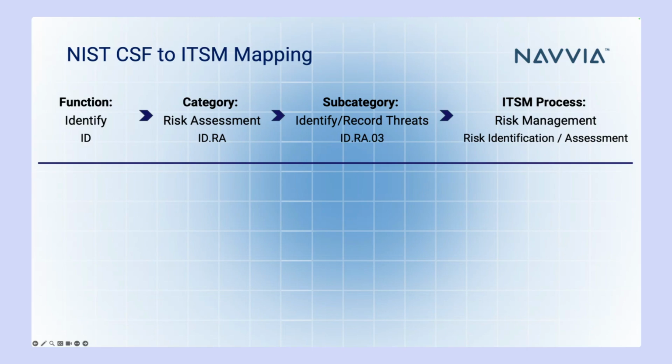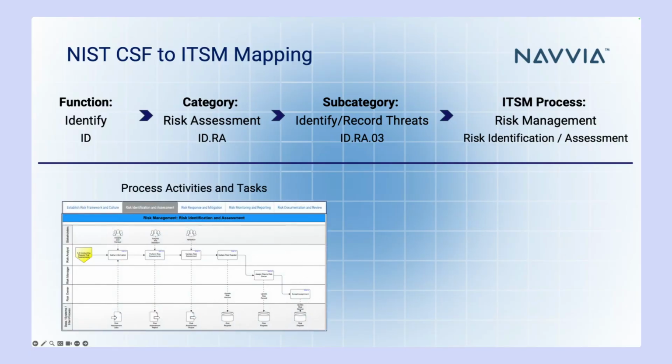NIST tells you what you need to do, and it gives you a nice taxonomy so that you make sure you cover all the areas in the organization that need to be protected. But when you map it down from an outcome to a process, that's where the rubber meets the road. That's how you operationalize delivering those outcomes of the security practice. For example, you might have a process documented for risk management.